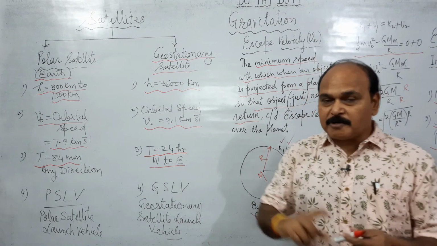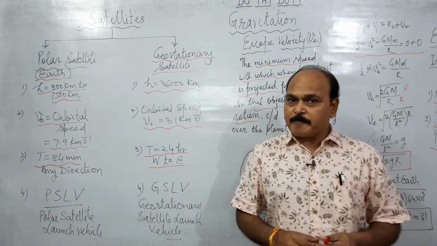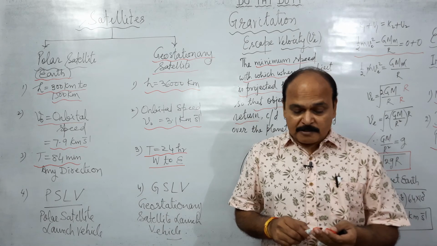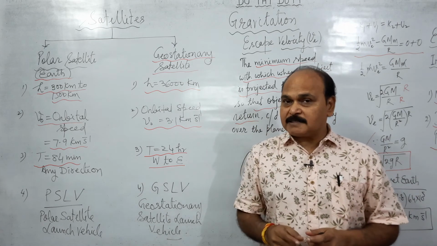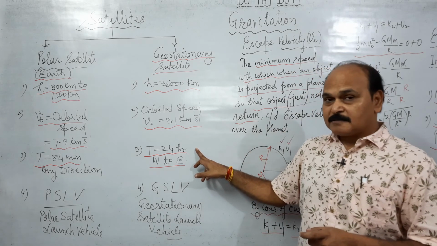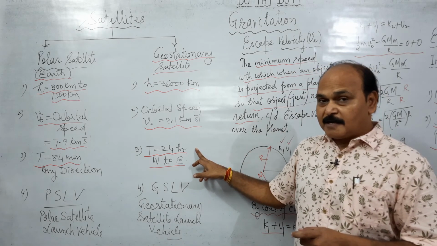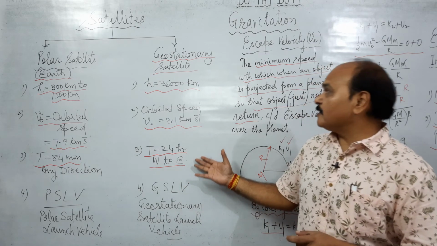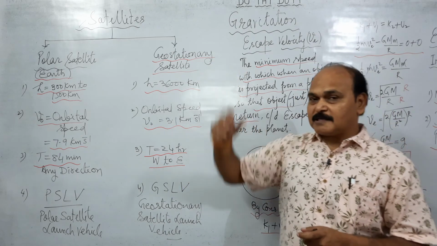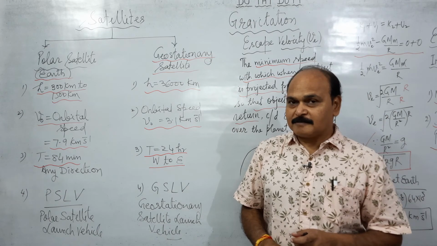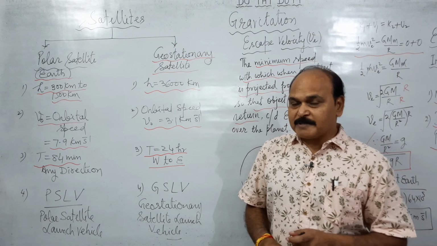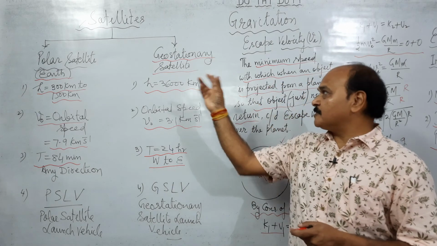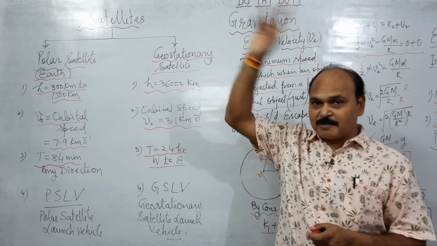The same is the time period of spin of the Earth. Earth also completes one spin about its axis in 24 hours, and it spins from west to east. The same is the time period of revolution of a geostationary satellite. So as the Earth completes one rotation, these satellites also complete one revolution.